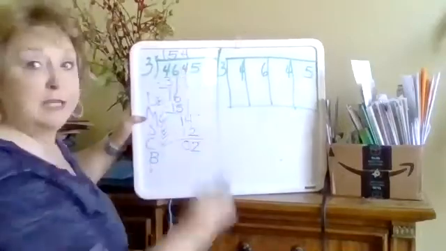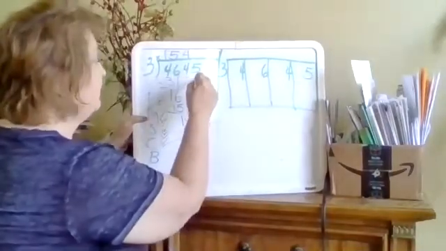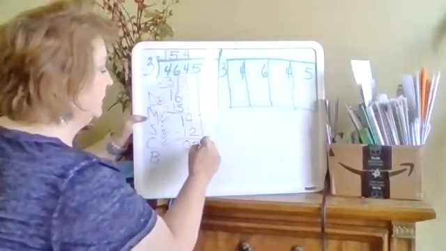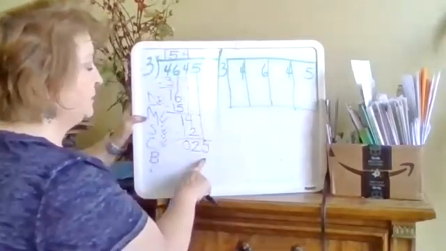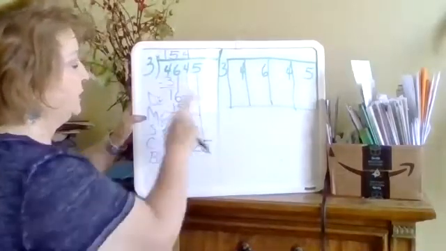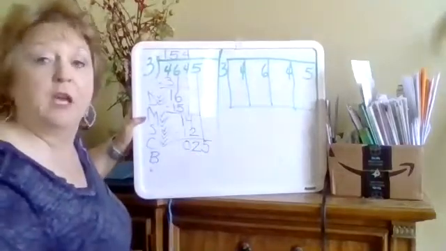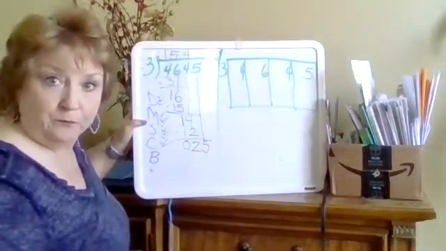Now, I still have a number I can bring down, so I'm going to bring this 5 down. So now I have 25. Can 3 go into 25? Well, yes, it can.